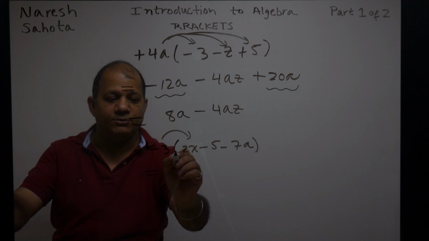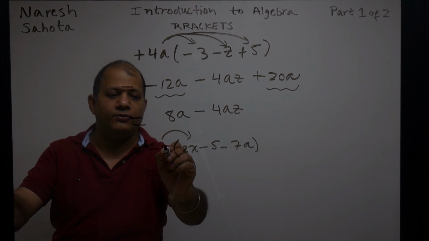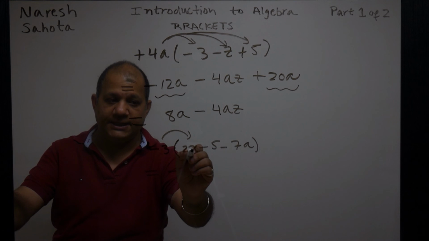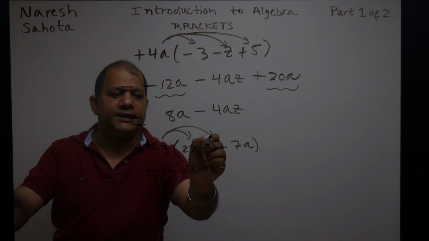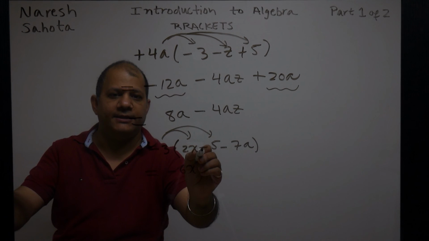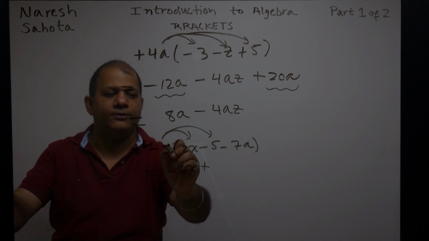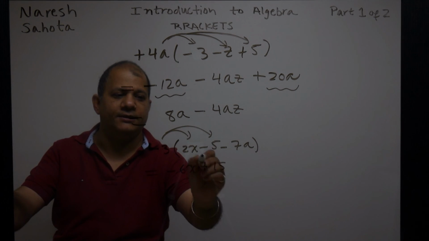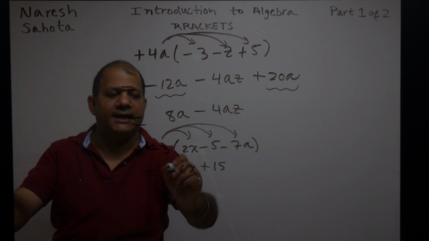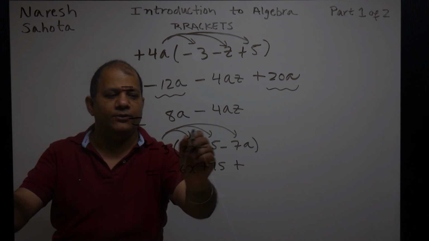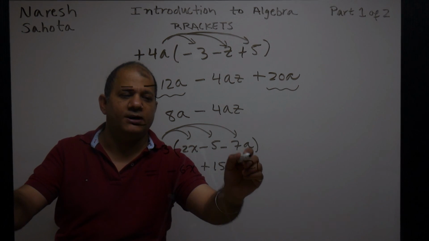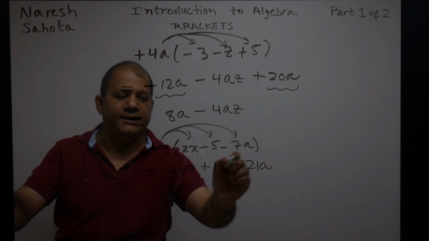Negative times positive is negative. 3 times 2 is 6, times x is 6x. Multiply with the second term. Negative times negative is positive. 3 times 5 is 15. Multiply with the last term. Negative times negative is positive. 3 times 7 is 21, times a is 21a.